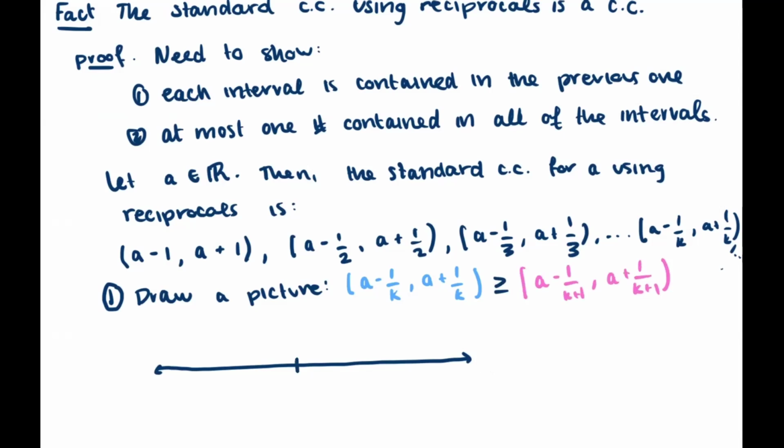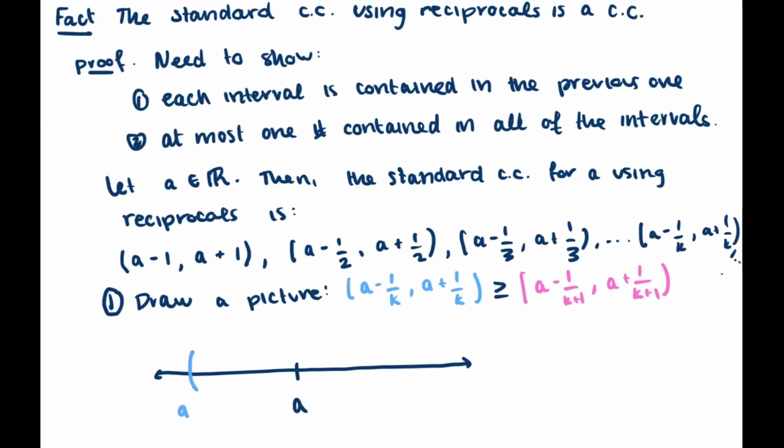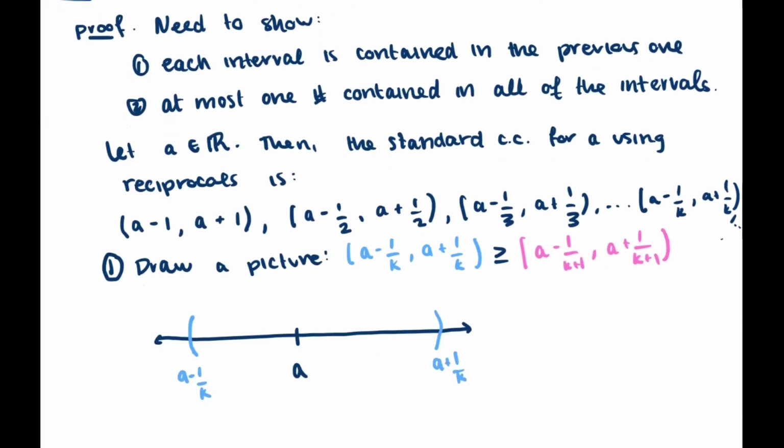So let's say a is here on my real number line. And here I'll have a minus 1 over k and a plus 1 over k. The point here is that the distance between a and the left endpoint of this interval is just whatever this number 1 over k is. We've just subtracted 1 over k, and same thing here, we added 1 over k.